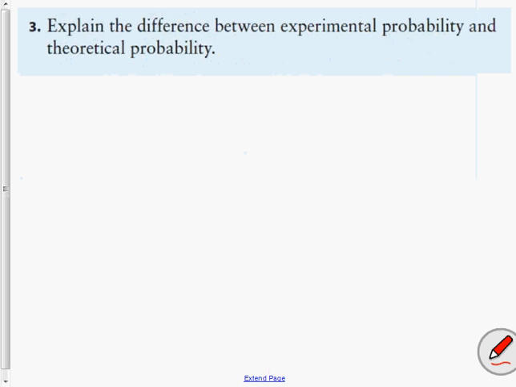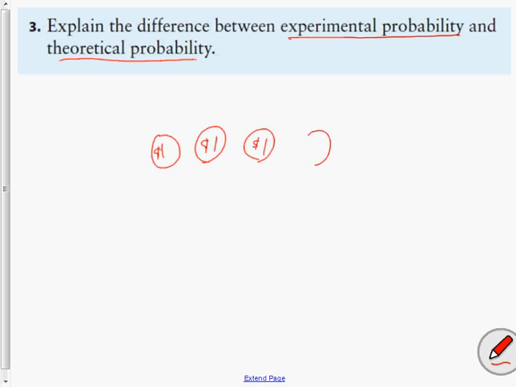Question 3 says, explain the difference between experimental probability and theoretical probability. Well, the difference between those two, experimental probability, if I took 4 coins, which I did the other day, 4 coins, this will be $1. I took 4 loonies, and I said, what is the probability of flipping heads?